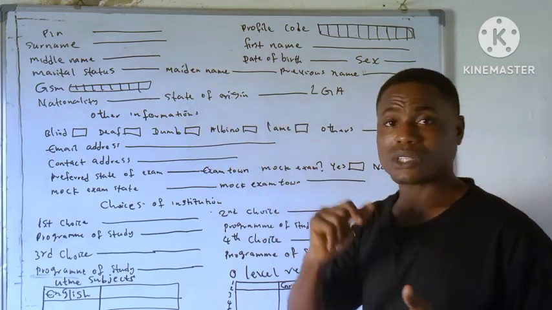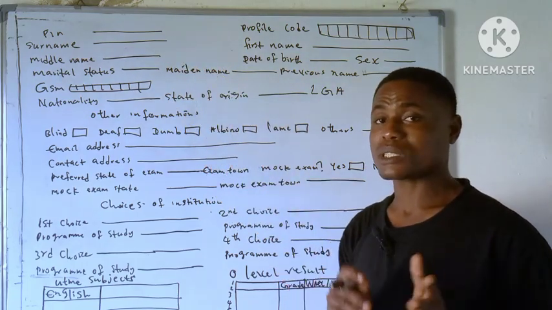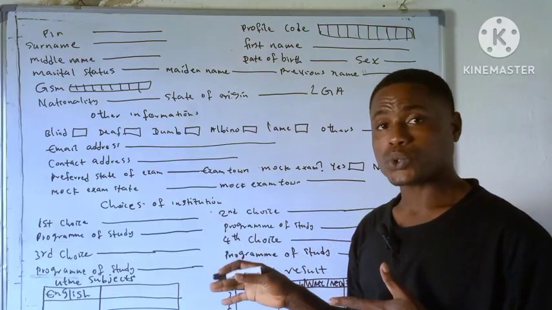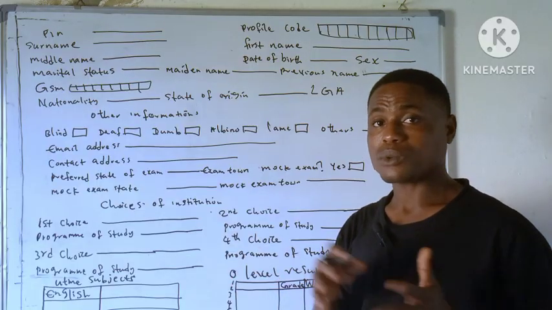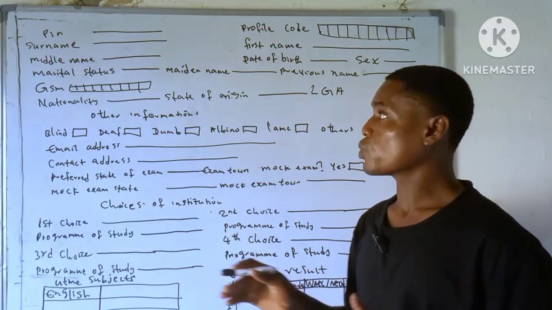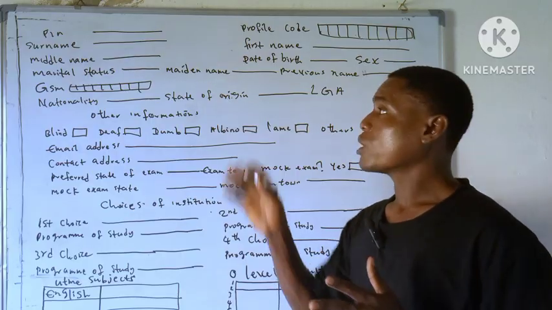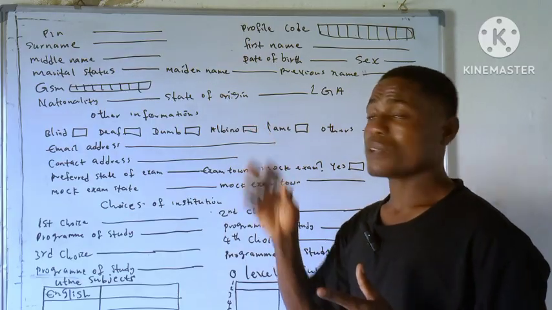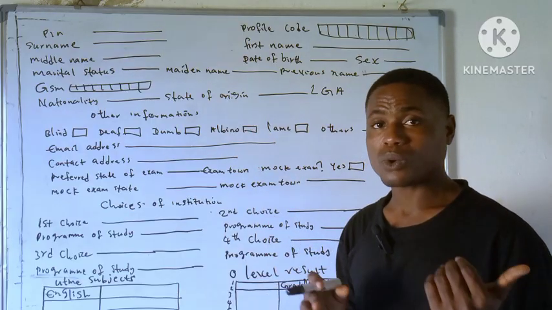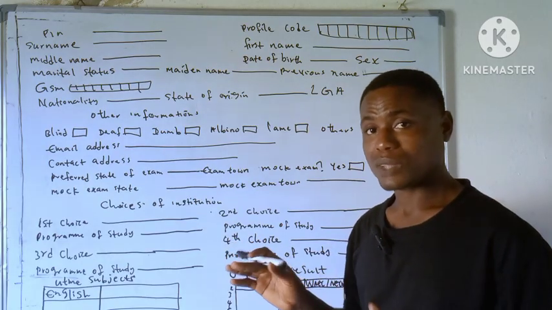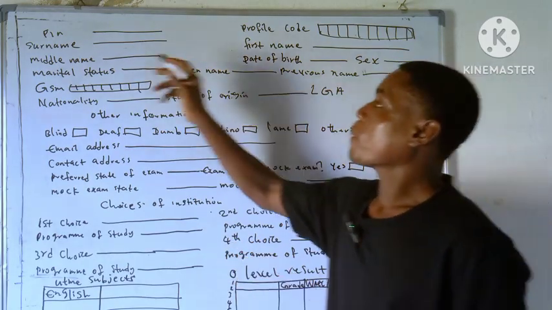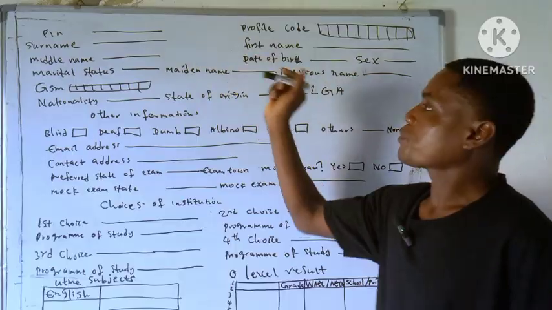Don't change any name. If not, any school you choose will deny you admission to that particular school. So make sure the names you use in filling your Jamb form are the same as your O level and all your documents. So you fill your surname.